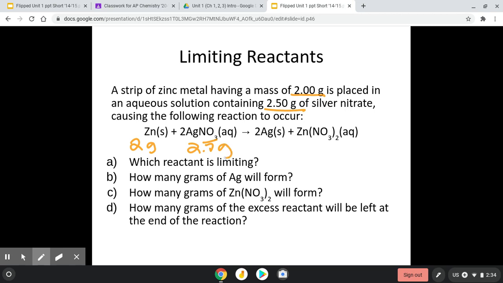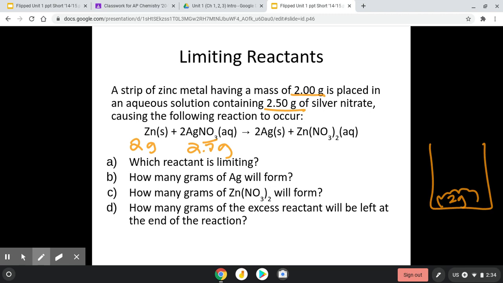So remember on this problem, you are given 2 grams of zinc in your beaker. That's your starting amount, but you're not necessarily going to use all of that zinc. If the silver nitrate runs out first, then you're going to have leftover zinc.